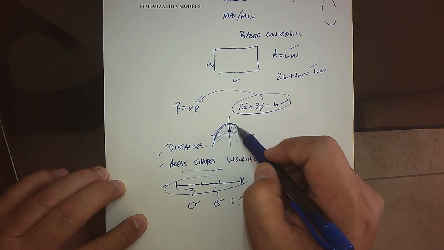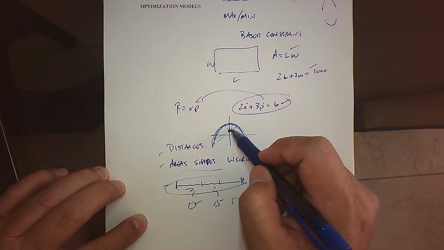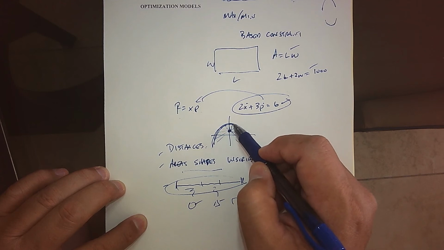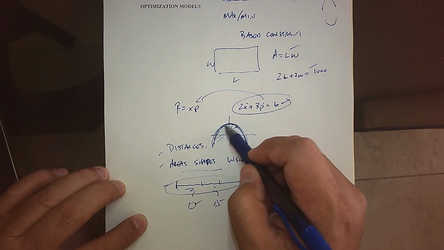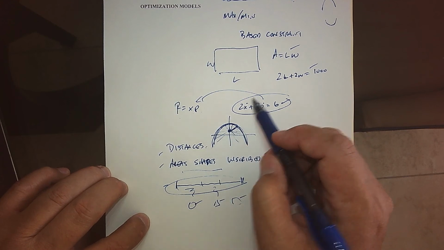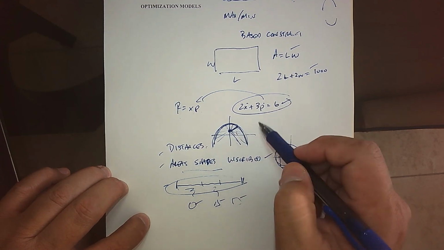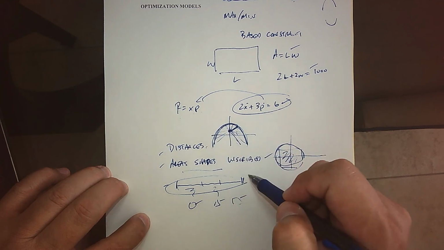So we're basically constrained by that function, and we're going to try to figure out at what point along this graph is my distance the shortest. Of course, there's a lot of distances that are the longest because this goes on forever. But those are the kind of problems we're going to be doing.